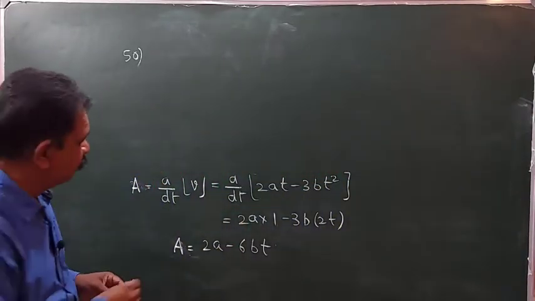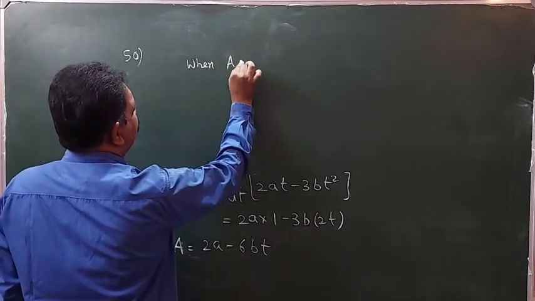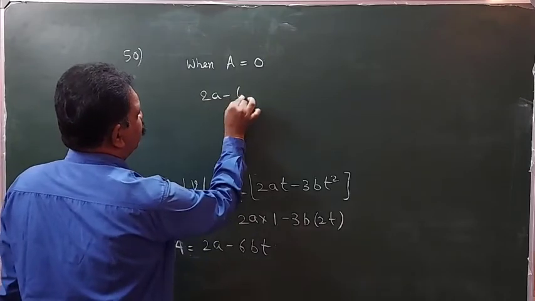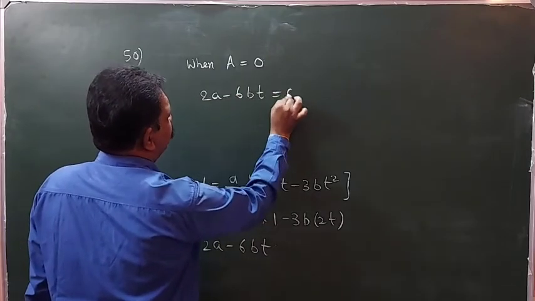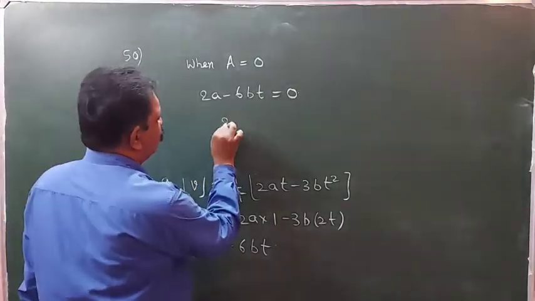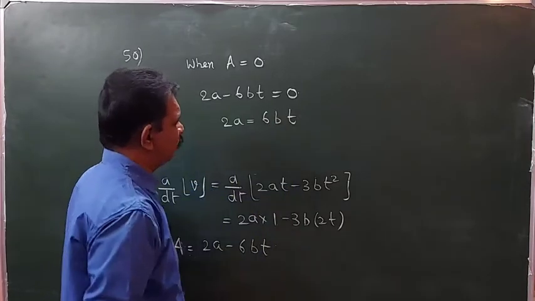So when a is equal to 0, 2a minus 6bt is equal to 0. 2a is equal to 6bt.